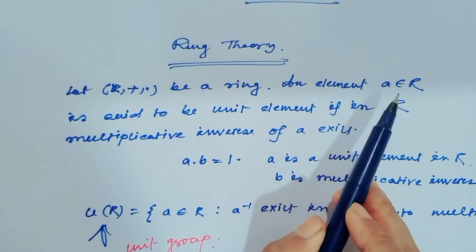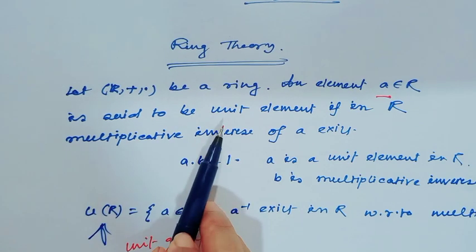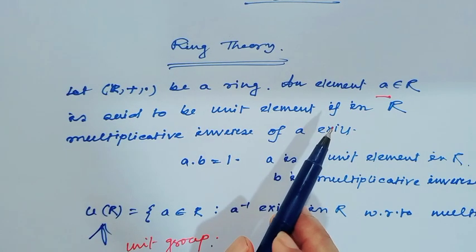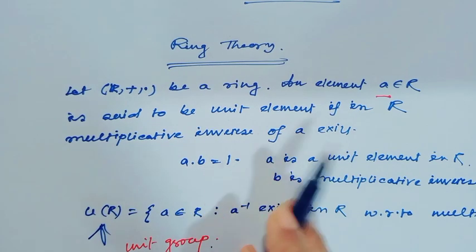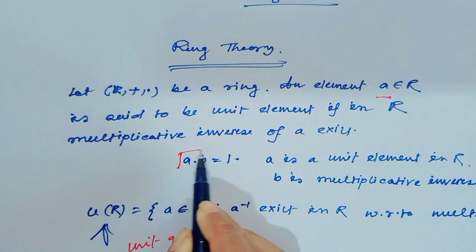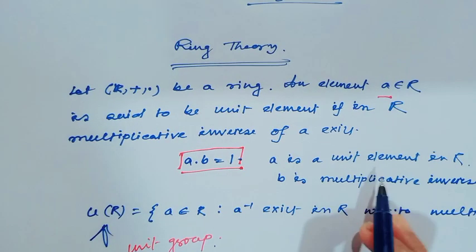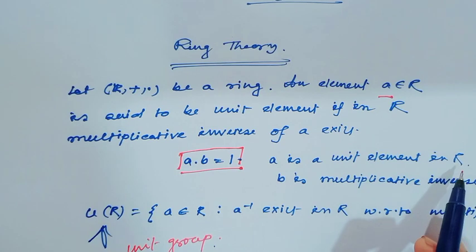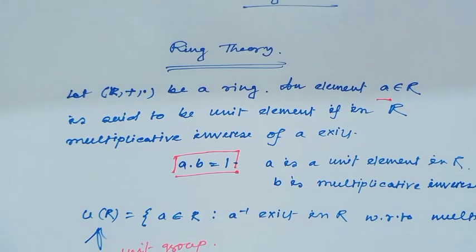Then an element A in the ring R is said to be a unit element if it has a multiplicative inverse, that means A dot B equals 1, where A is the unit element in the ring R and B is the multiplicative inverse.